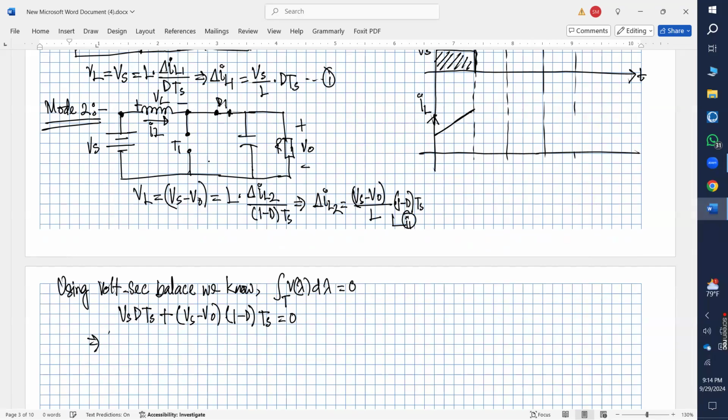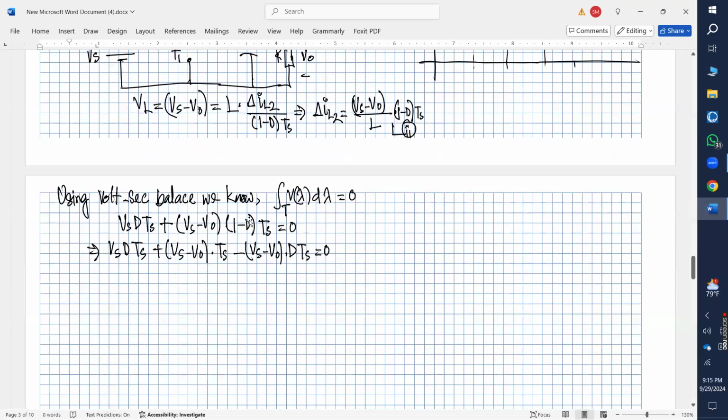So we can write VS D multiplied by TS plus VS minus V naught multiplied by TS minus VS minus V naught into DTS, that should give you 0.